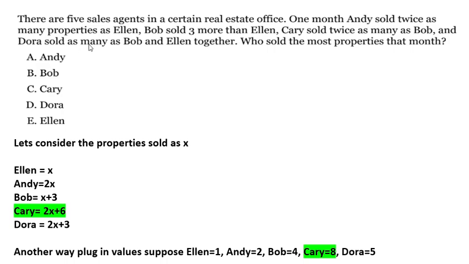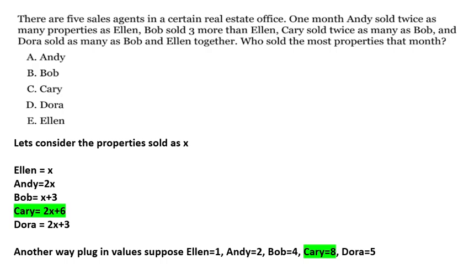Dora sold as many as Bob and Ellen together. We know that Bob has sold X plus 3 and Ellen has sold X. So Dora has sold 2x plus 3. Now considering all this, we look for the one that will have the maximum value. Since we are discussing properties, which cannot go negative, it has to be a positive value, and ideally a non-zero value.